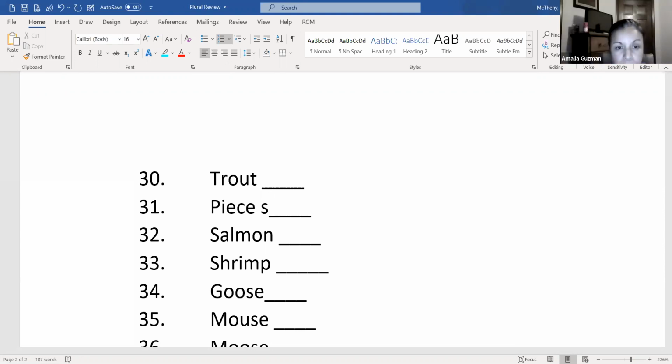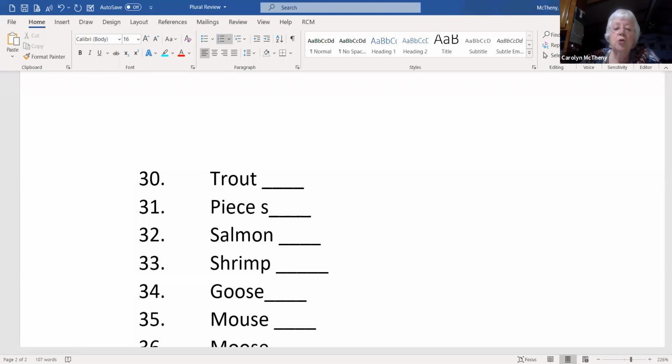So when you're in a restaurant, if you want more than one piece of trout or fish, you would say, give me 2 pieces, give me 3 pieces, however many pieces you want of fish, or give me 2 or 3 pieces of trout.